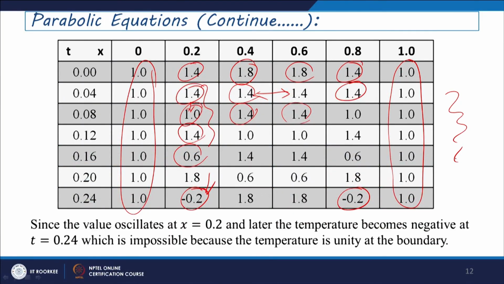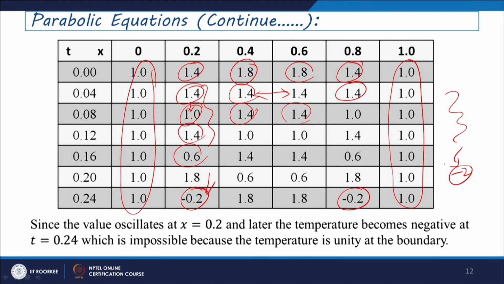So this solution has no physical sense. The solution first oscillates and then suddenly approaches a negative value. Even if heat is supplied along the boundary, this physical scenario will never happen, where the core of this section has a negative value.